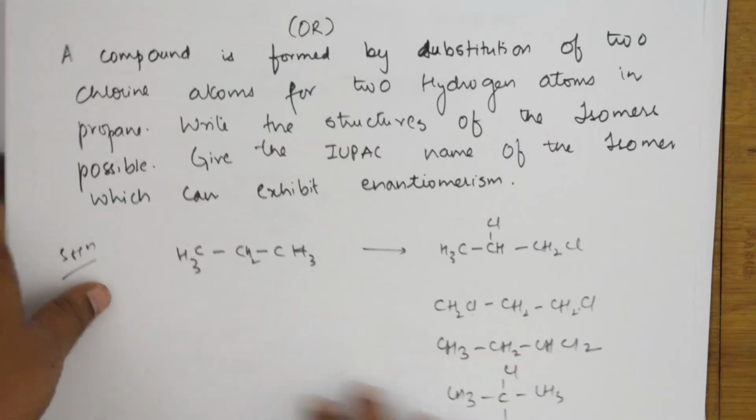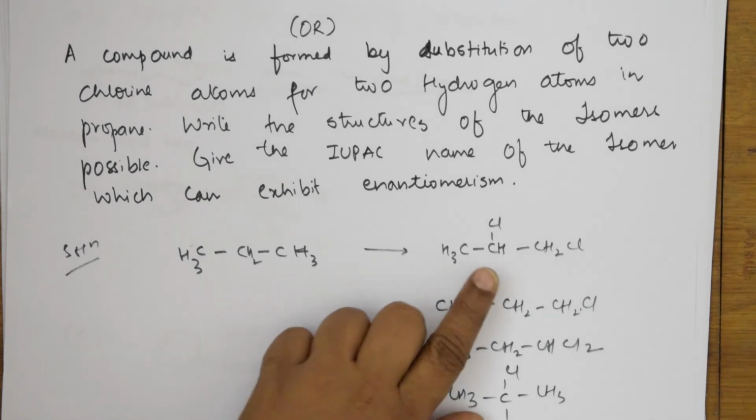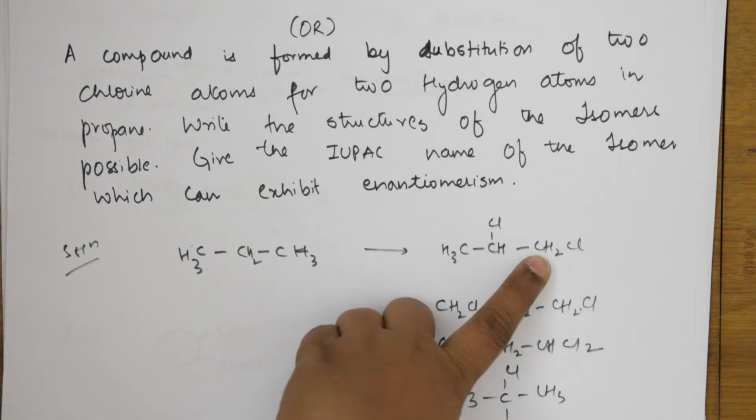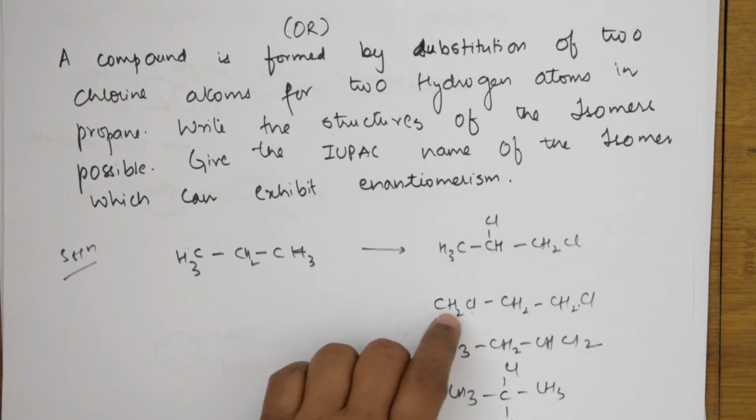Now among all these 4, which one has a chiral center? Let's observe. This carbon has one different group, one different group, one different group. Correct. This carbon, let us see here, there are 2 similar, wherever there is chlorine, you have to check that. Here 2 similar hydrogens, so it is not a chiral center.